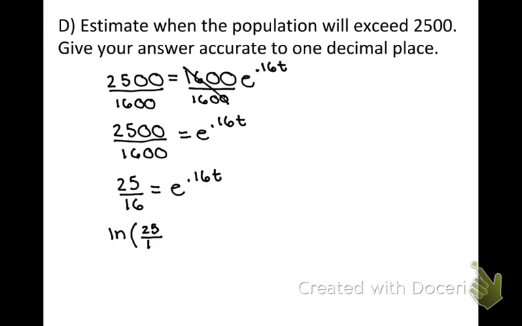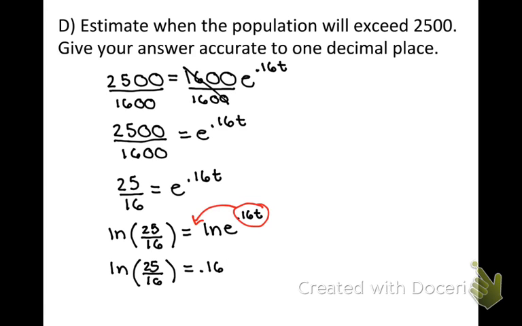ln of 25 over 16 equals the natural log of e to the 0.16 t. We're bringing that exponent down front. We get the ln of 25/16 equals 0.16 t ln of e. ln of e, remember, is 1, and 1 times anything is the other thing. So we're going to have the ln of 25/16 equals 0.16 t.